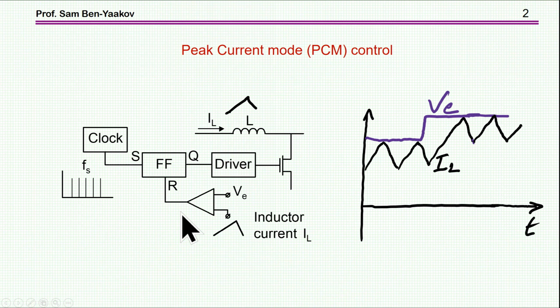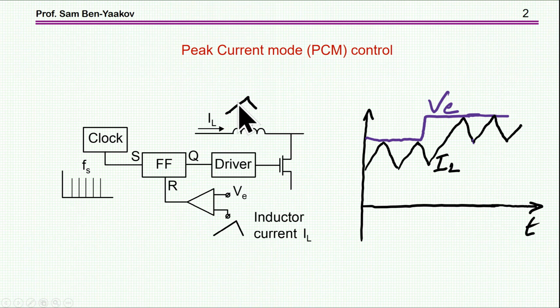So what is a peak current mode? In a peak current mode, the modulation is done in a different way from a voltage mode, in that we have a clock which is triggering a flip-flop turning on the transistor. It's a MOSFET. Current starts rising, and then we have a reference level here.